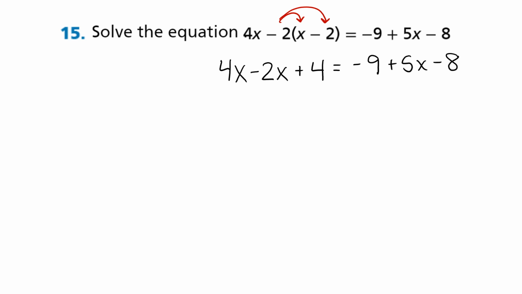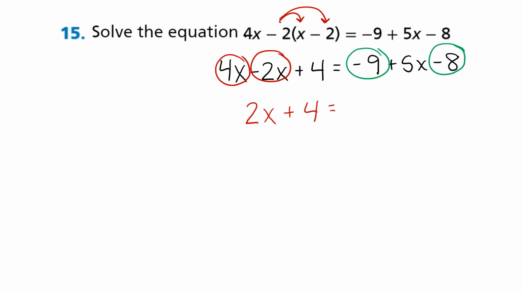We go ahead and combine our like terms. 4x and negative 2x make 2x. On the other side, we can combine the negative 9 and the negative 8, which would give us a value of negative 17. We move our 5x, we do the opposite, we would make it a negative 5x. 2x and negative 5x make an answer of negative 3x.